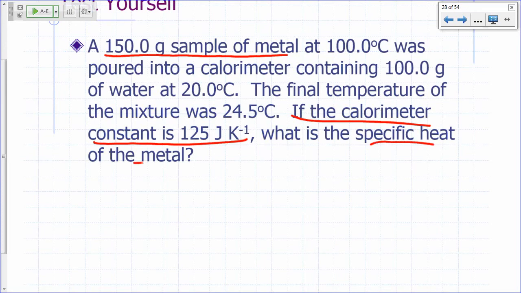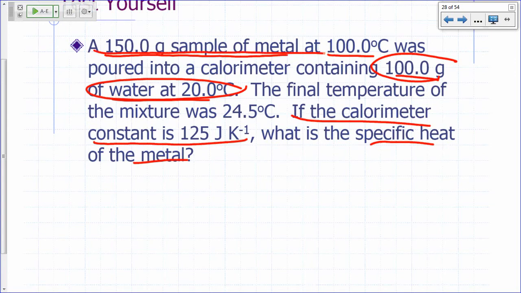You're being asked for the specific heat of the metal. So this is now your unknown run. And then you pour in a calorimeter containing 100 grams of water at 20 degrees. So your metal again is hot, your water is cold. You know how much heat your water is going to absorb. You can calculate it, right? But as far as your metal is concerned, the specific heat is unknown.